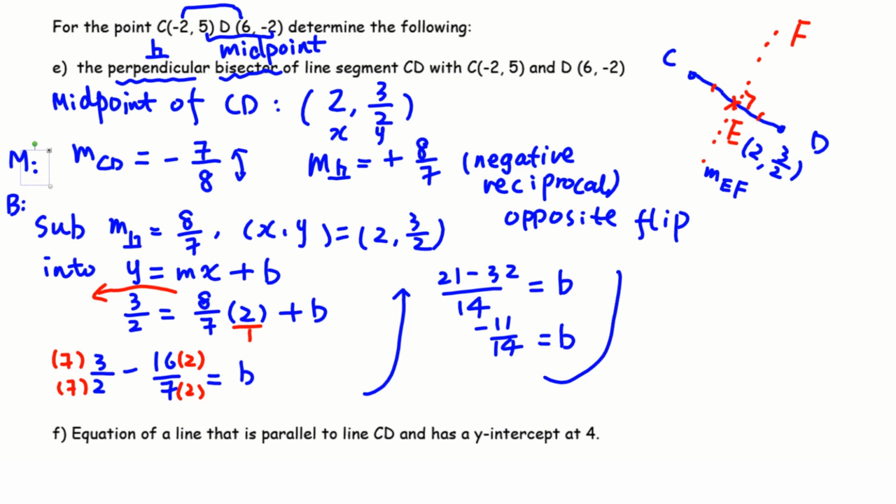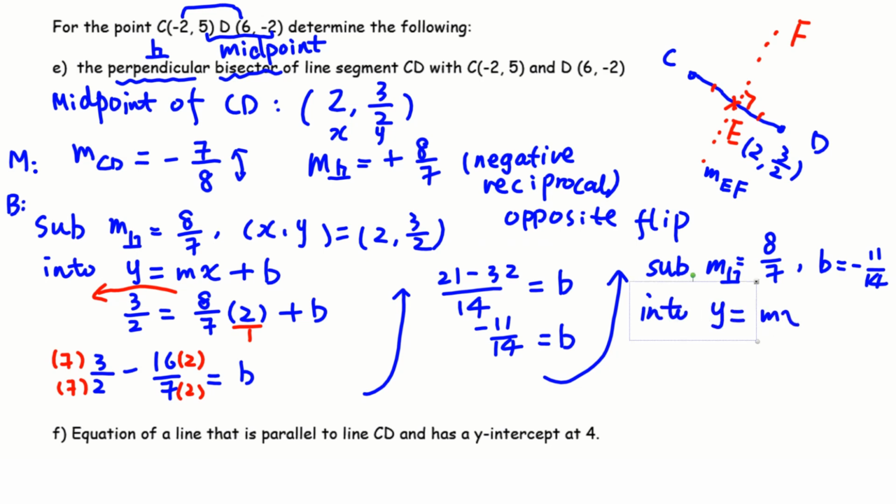Then we write a statement. Sub in m, remember, it is the perpendicular slope: m is 8 over 7, and b is negative 11 over 14, into the equation y equals mx plus b.